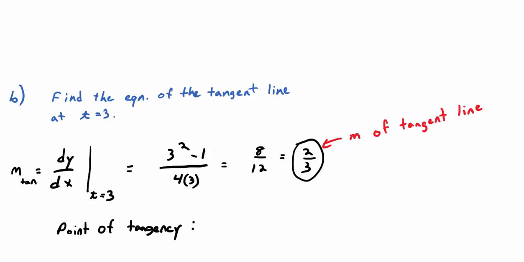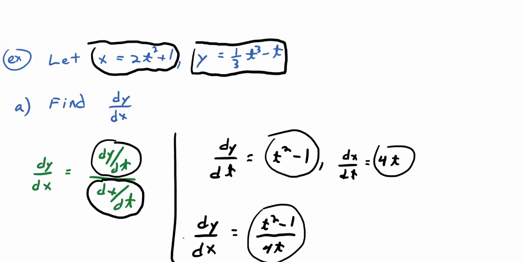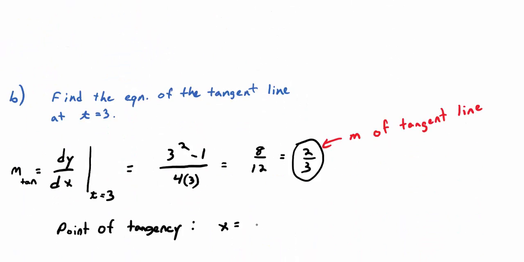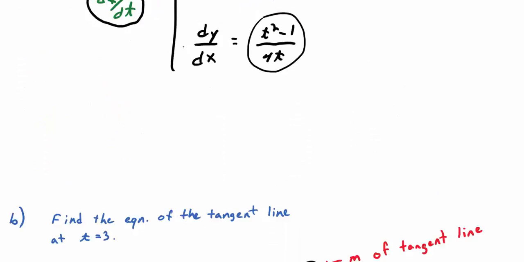What gives us points on the curve? The original parametric equations represent all the points on the curve. We just need the one where t equals 3. So go back to the original parametric equations. x equals whatever it was, 2t squared plus 1. y equals 1/3 t cubed minus t.